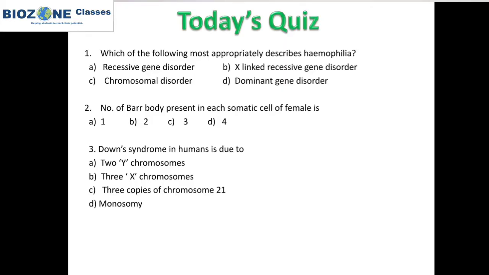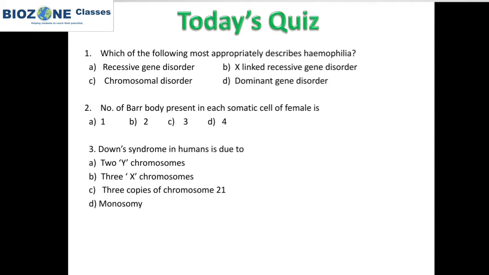Question 1, which of the following most appropriately describes hemophilia? A. Recessive gene disorder. B. X-linked recessive gene disorder. C. Chromosomal disorder. D. Dominant gene disorder. Question second, number of Barr bodies present in each somatic cell of a female is A 1, B 2, C 3, and D option is 4.